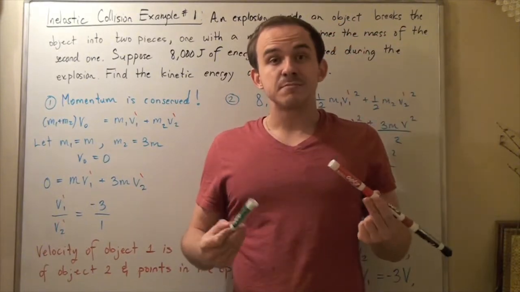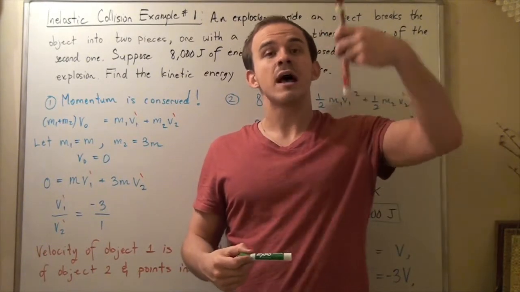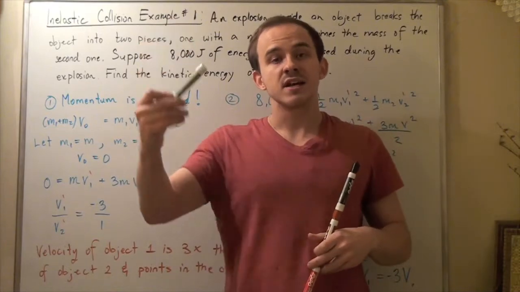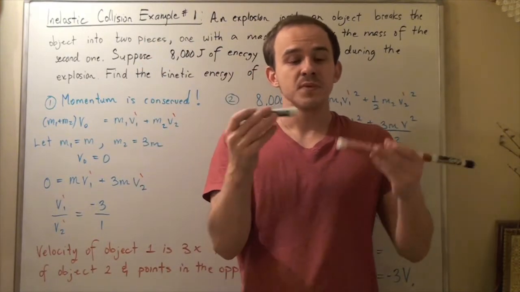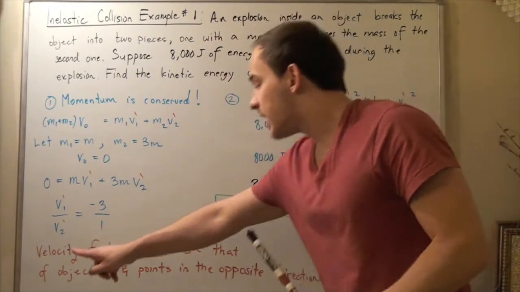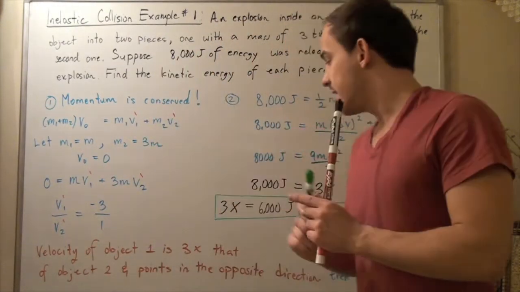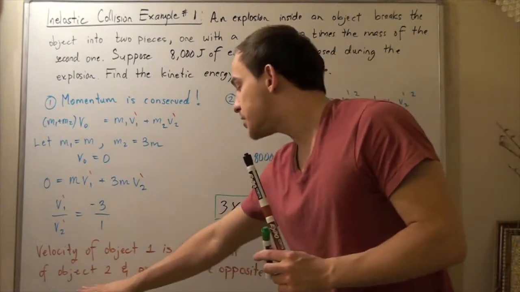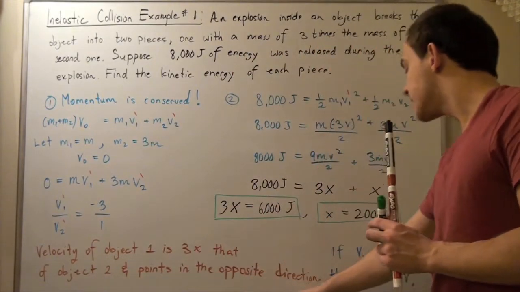And that makes sense because the mass of this guy is 3 times as much as the mass of this guy. So because this guy is lighter, he will have a greater velocity. So, velocity of object 1 is 3 times that of object 2 and points in the opposite direction.